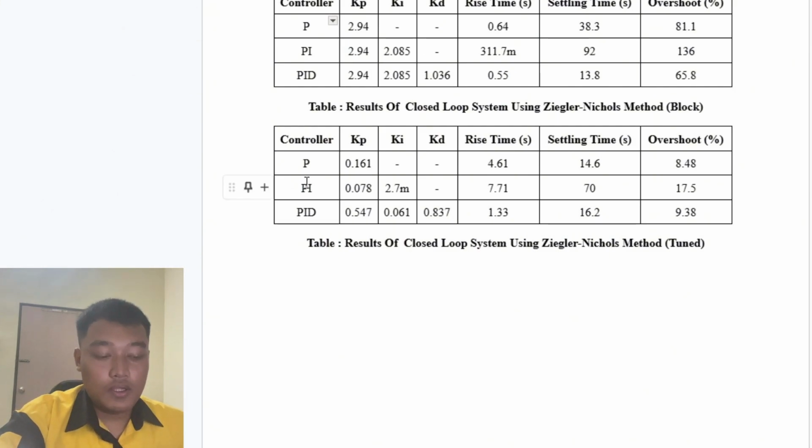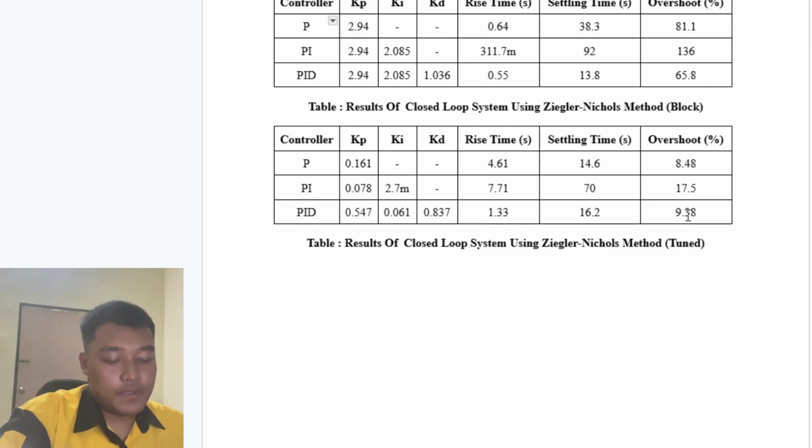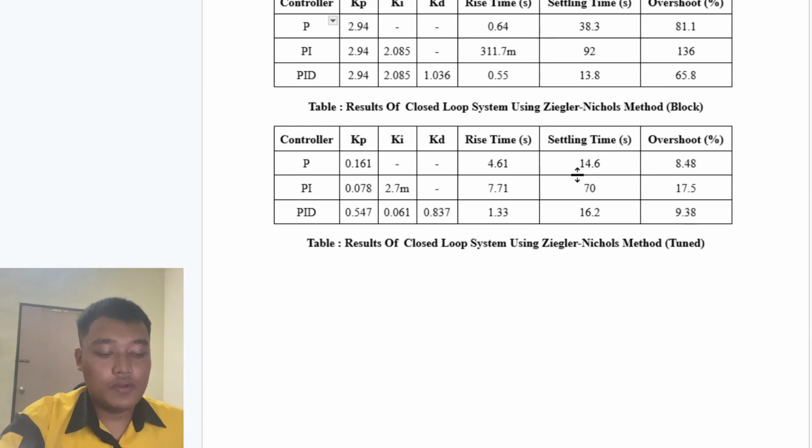The PI controller reduced overshoot to 17.5%, and the PID controller achieved the best balance with a rise time of 1.33 seconds, a settling time of 16.2 seconds, and a low overshoot of 9.38%. Overall, tuning enhanced the system performance, with the PID controller providing the best trade-off between rise time, settling time, and overshoot.